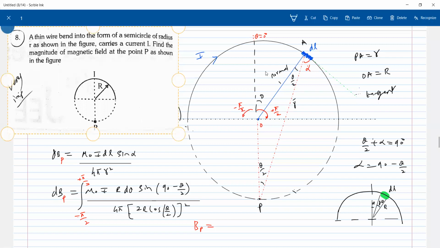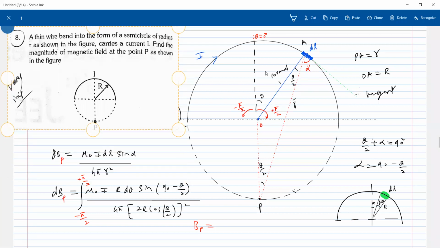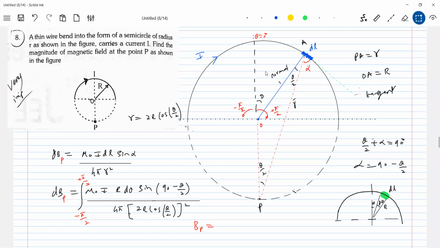We'll check it here only. Options available, no? Mu naught I by 4 pi r log of root 2 plus 1. Yeah, that will be. So this should be the final answer: mu naught I by 4 pi r log of root 2 plus 1.